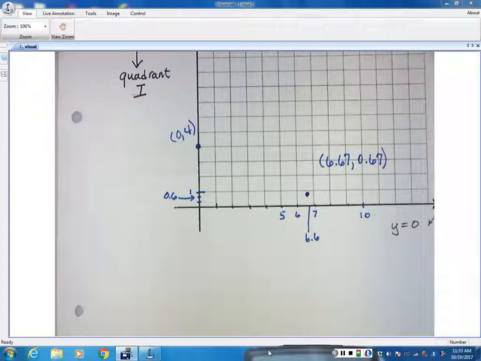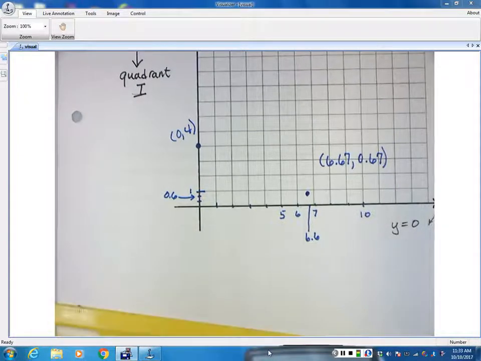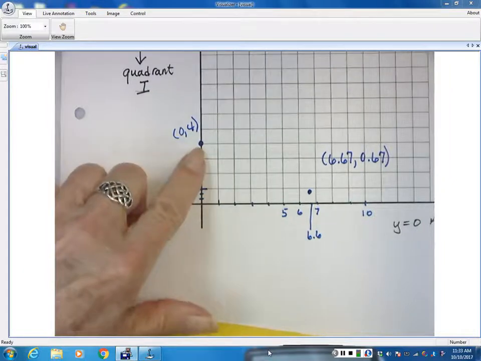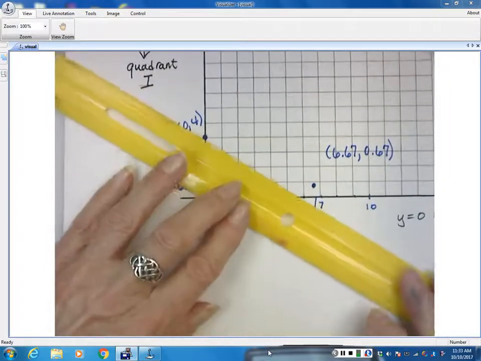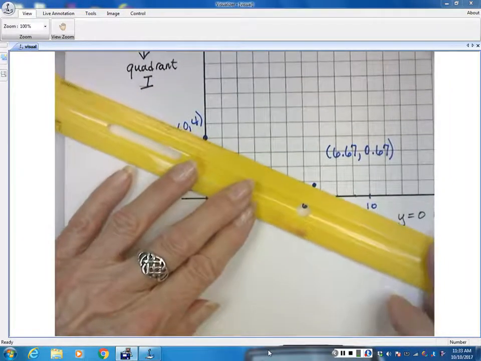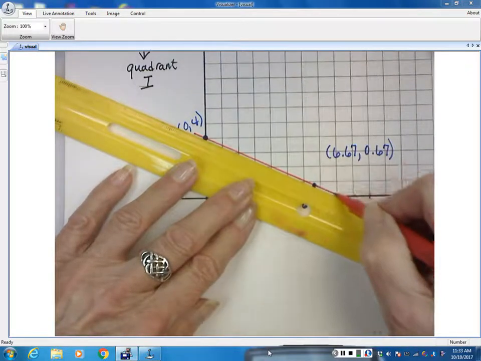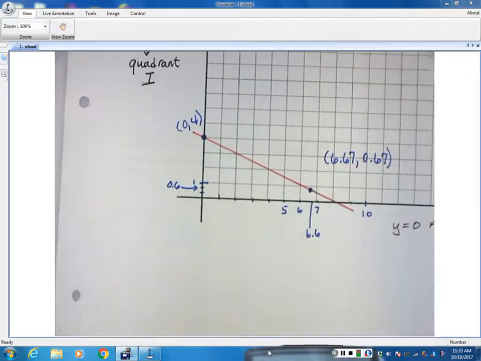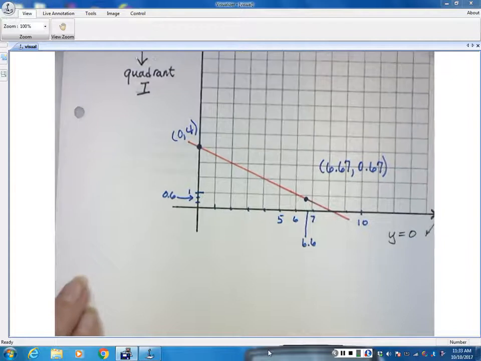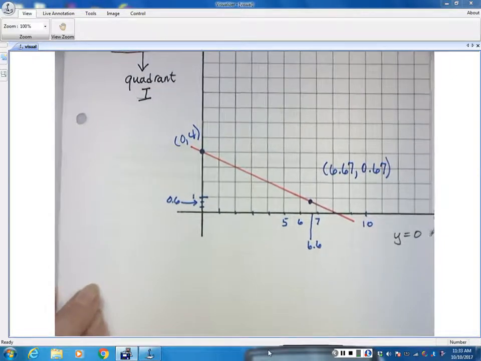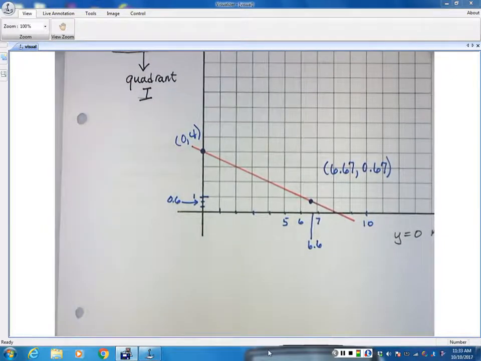Now what I know about this right now is that my first line is going to go through that point. So I can draw that line. So this is actually the line. You'll have to look on your calculator to see which one it is.